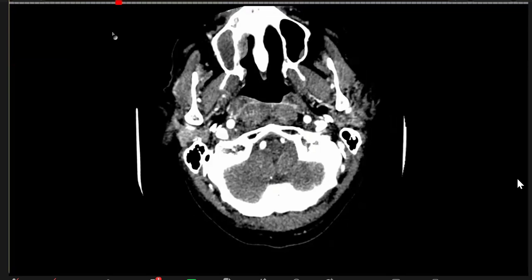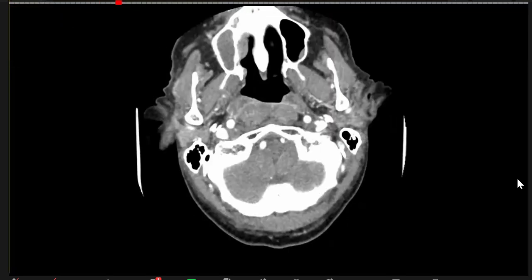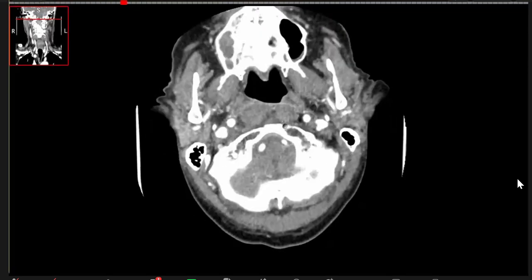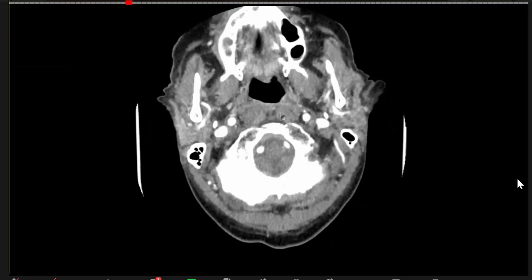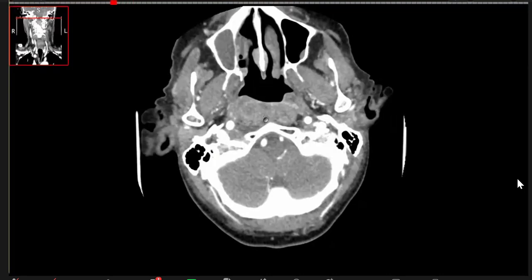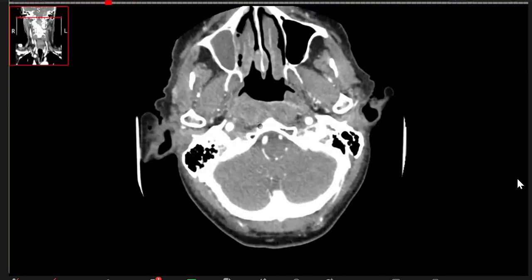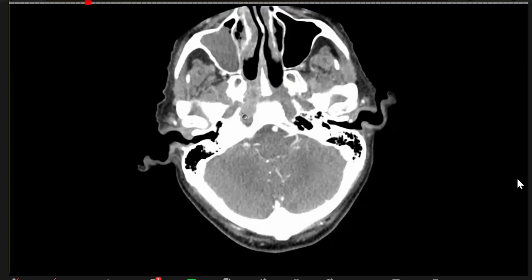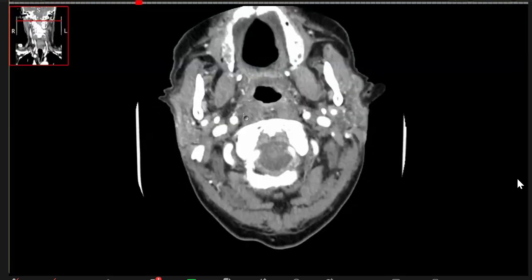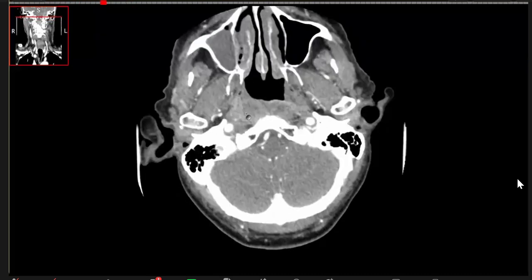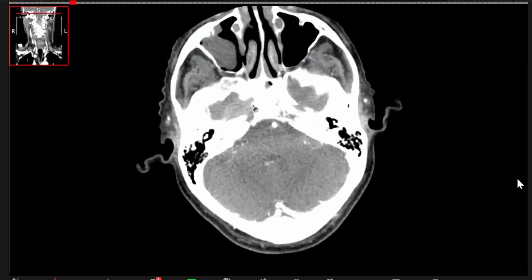They asked for CTA also because of the clinical picture. Now, do you see these longus colli muscles? And this is invading inside into them. But if you say that in the differential diagnosis, I'll keep nasopharyngeal carcinoma, fine.